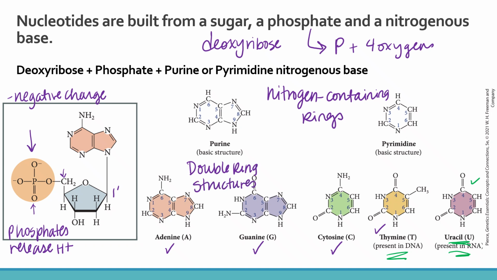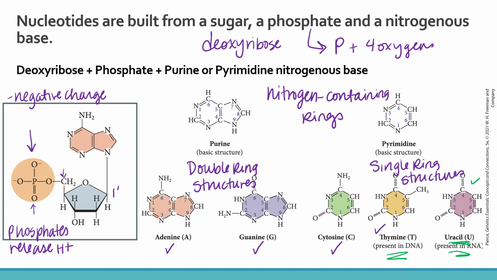And we have pyrimidines that are single ring structures. And the number of rings is going to be important a little bit later when we start pairing these nitrogenous bases up, and the number of rings across the center is going to affect the width of the molecule.